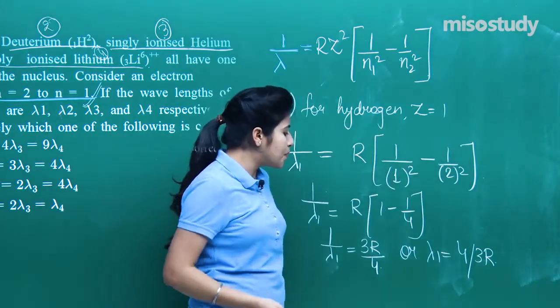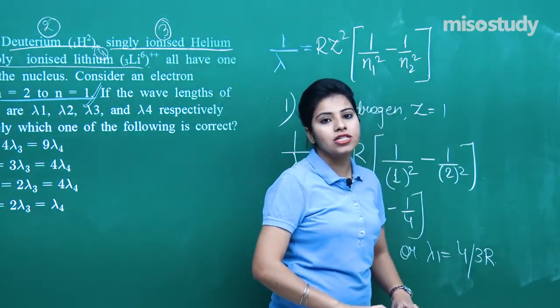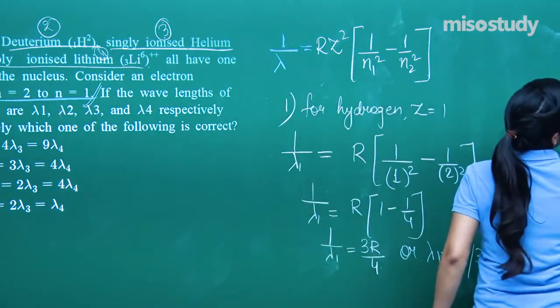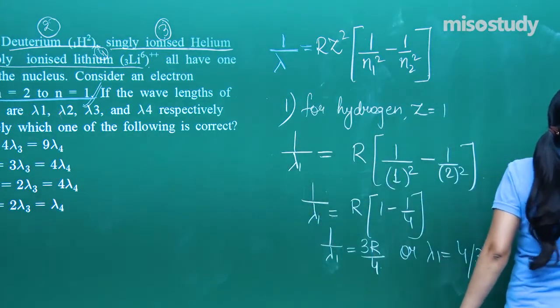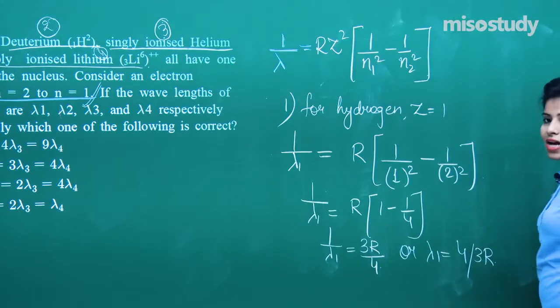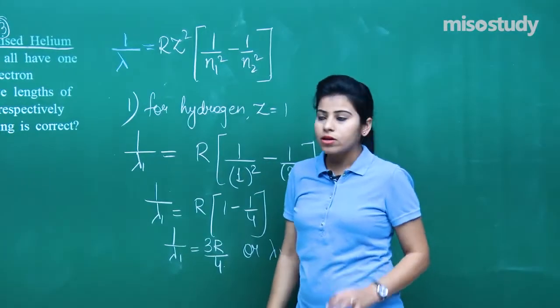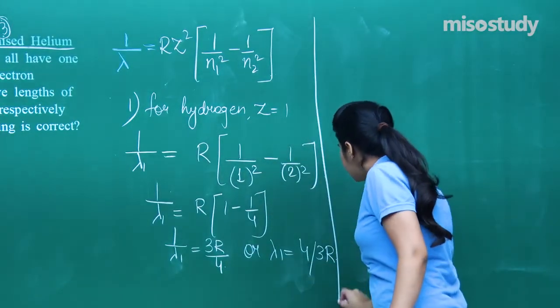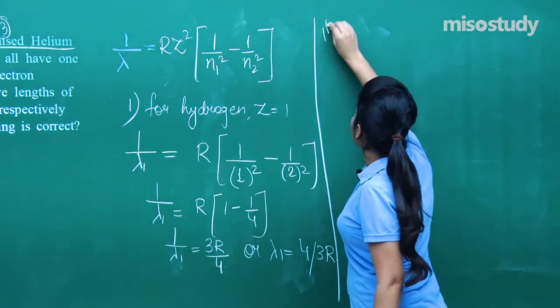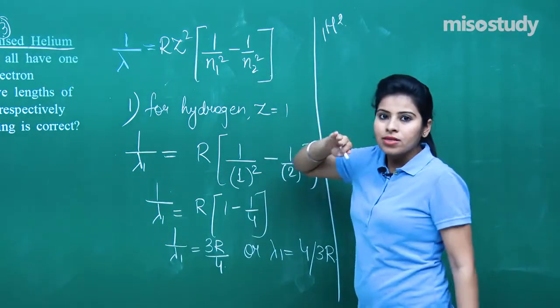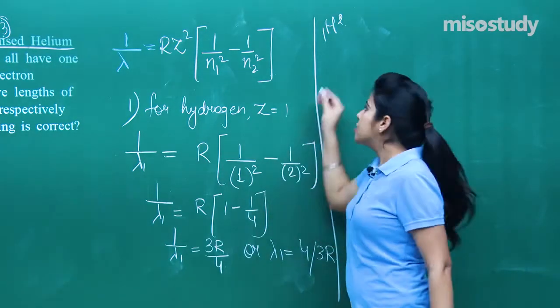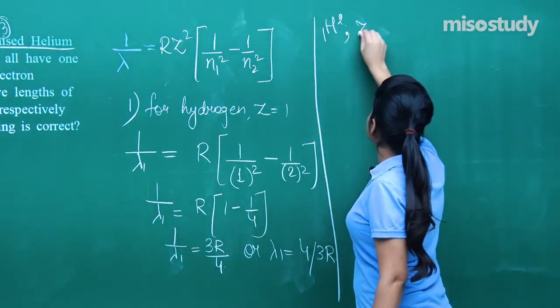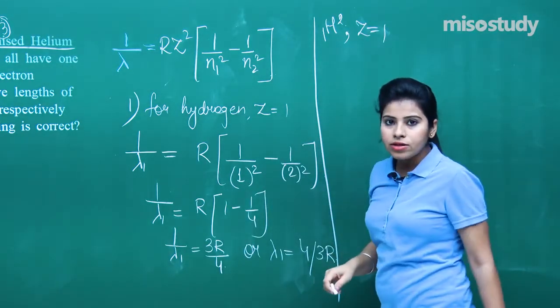Now let me begin the second case, deuterium. Deuterium is an isotope of hydrogen. It can be written as 1H2, so again Z equals 1.